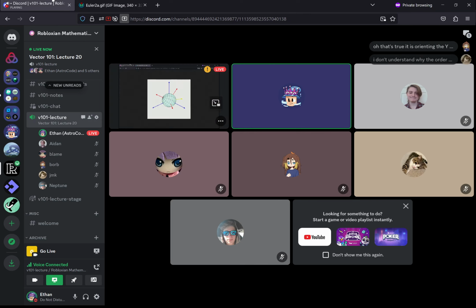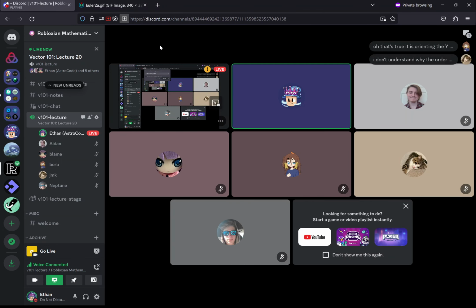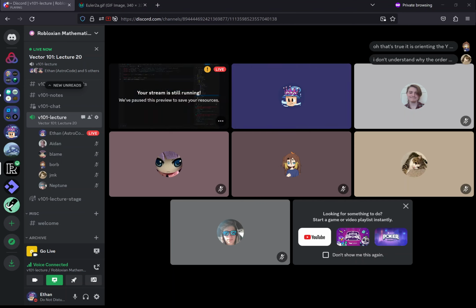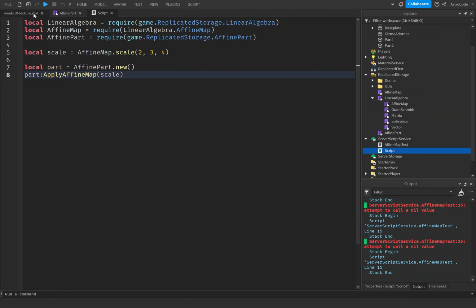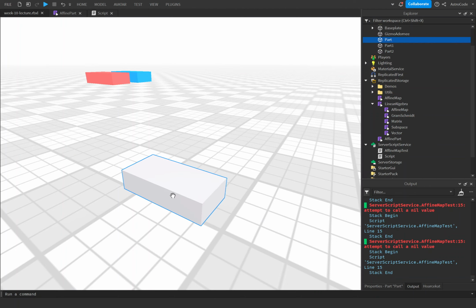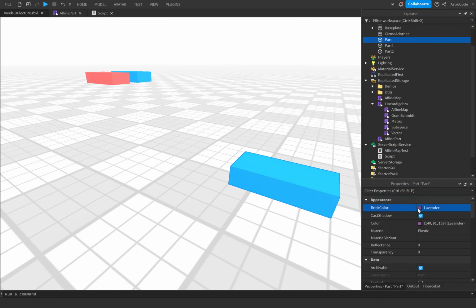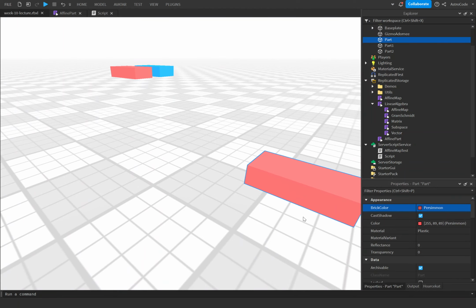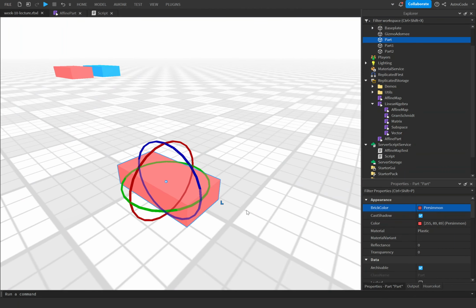Yeah. Well, I can show you an example in Roblox. I go back into Studio. So if I take a part, and all I do is I use the local rotation handles.